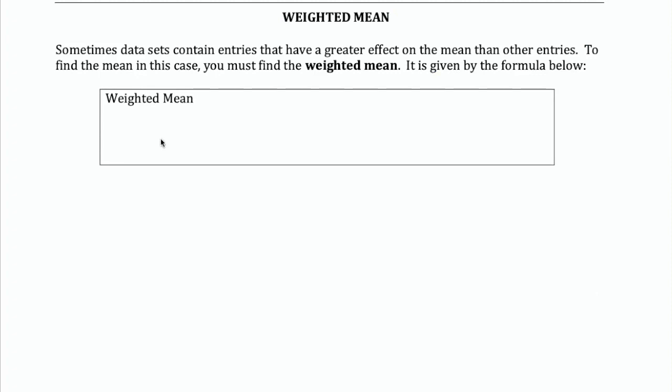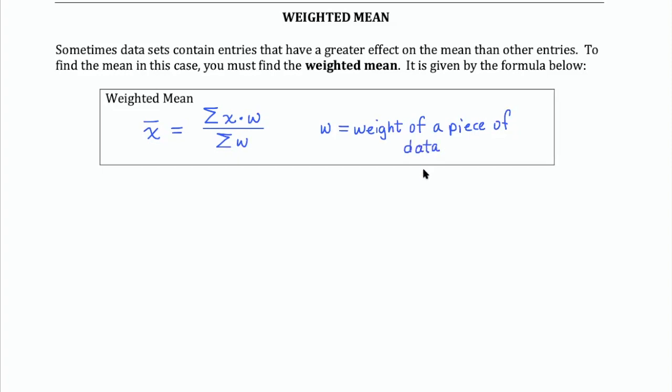The formula for the weighted mean, x bar, is found by taking the sum of the pieces of data times their weight, where W stands for the weight, and dividing that by the sum of the weights. W is the weight of a piece of data. And again, get used to formulas because you're going to ultimately have a formula page.